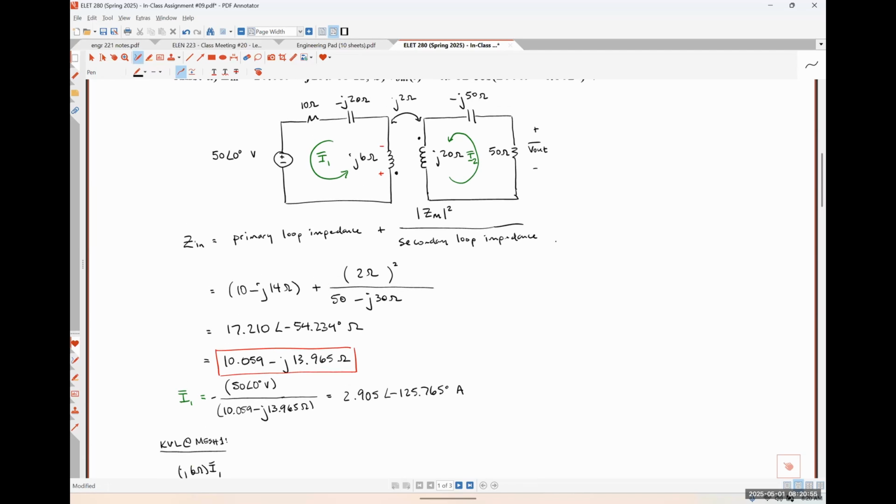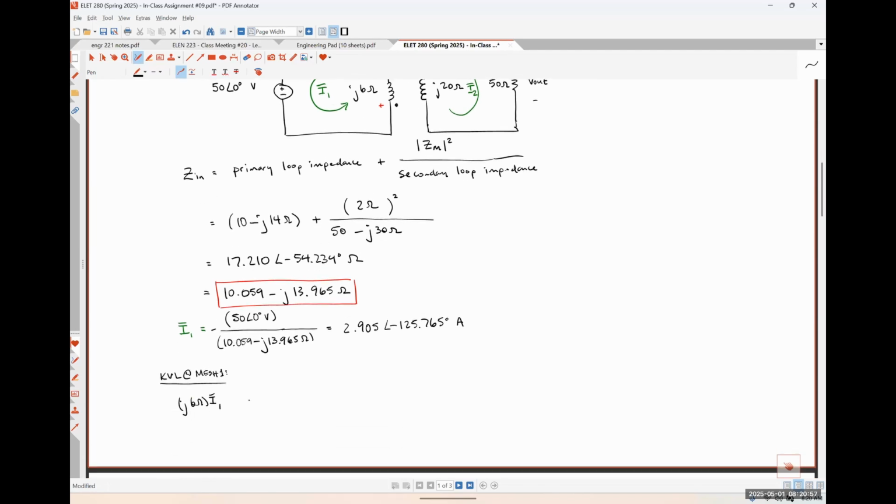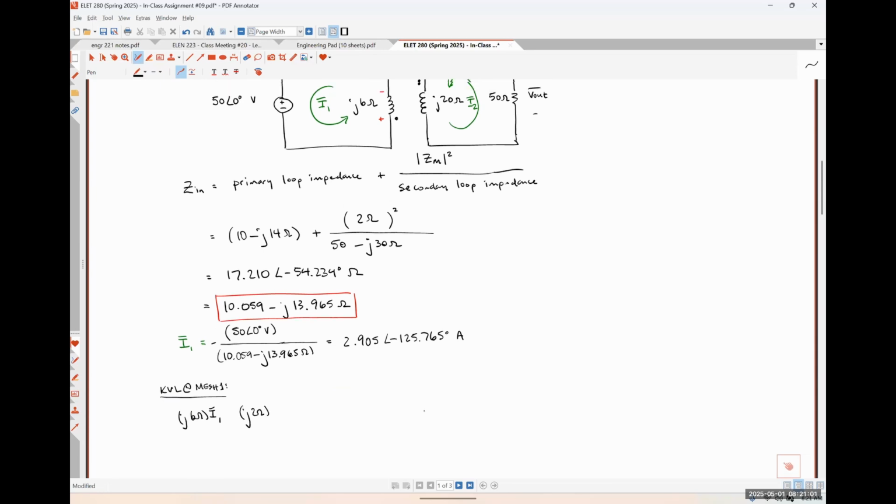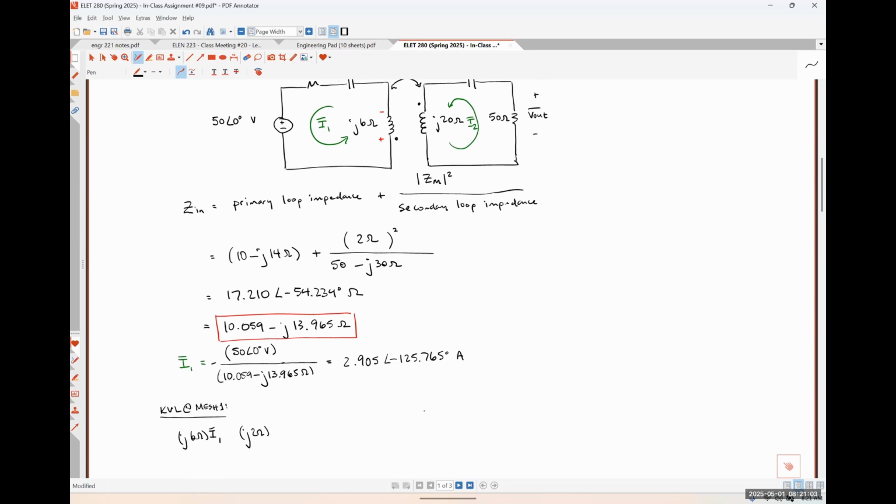So the impedance of our mutual inductance is J2 ohms. What's the current that's flowing through the dotted terminal of our coupled coil? So when I say the coupled coil, I'm talking about the J20 ohm coil.